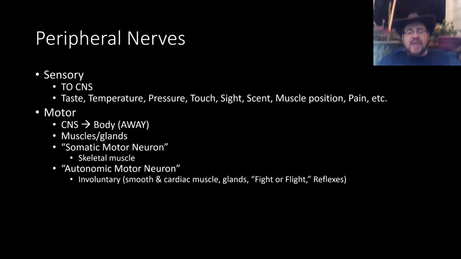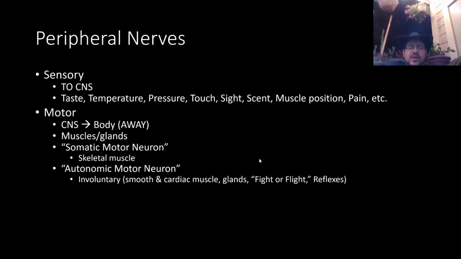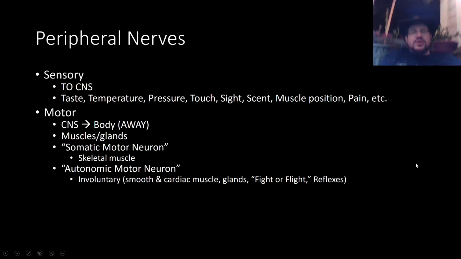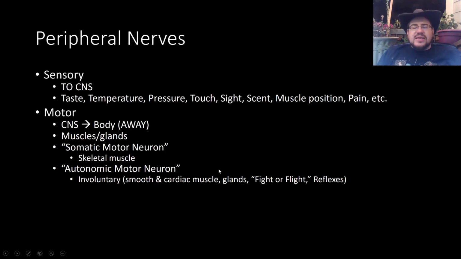Your thinky has nothing to do with the response. So, smooth muscle is involuntary, and it's controlled by the autonomic motor neurons. Cardiac muscle, glands, your fight or flight response, and your basic reflexes are all controlled by autonomic motor neurons.